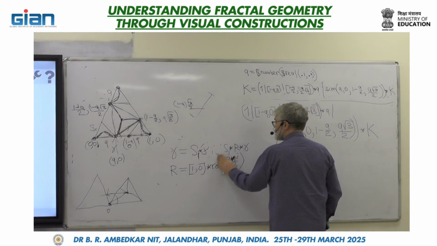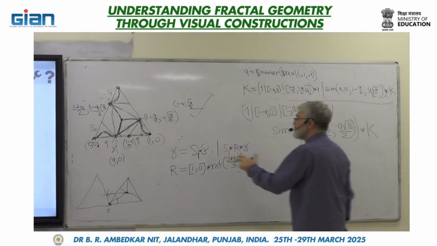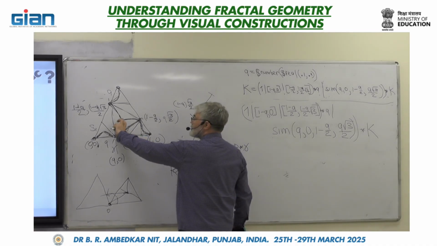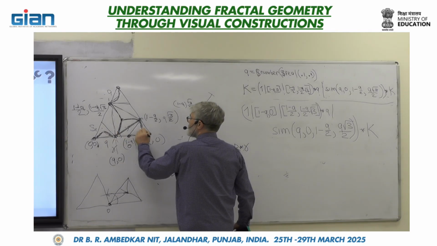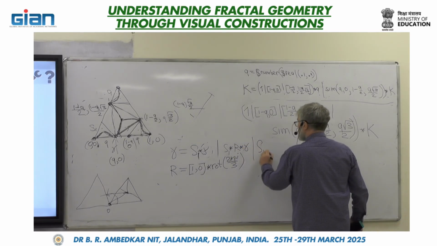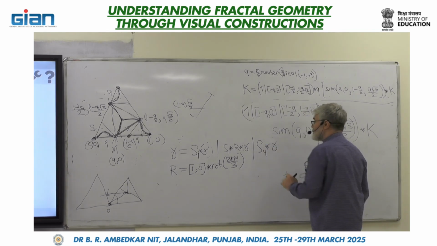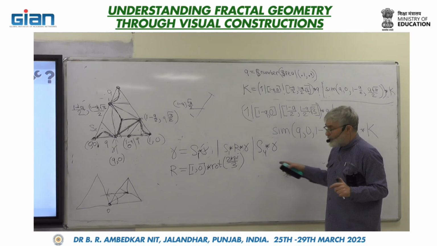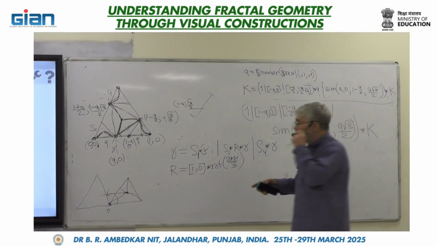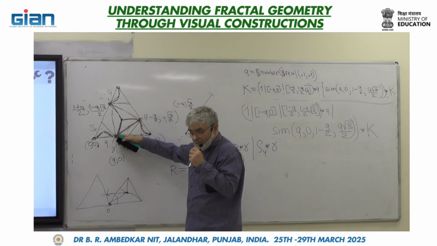Yes, our union is drawn this way, and then you have S1, S2, S3, and this is S4, and union S4 at gamma. So if you write this equation, you will get this part of this curve.